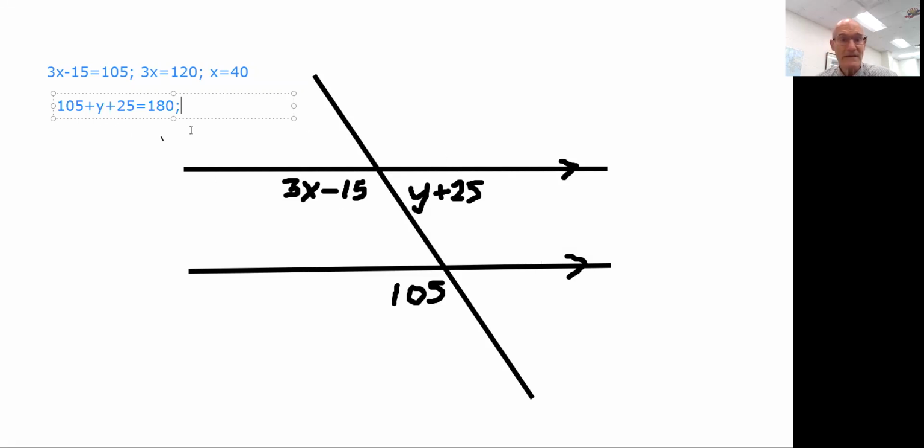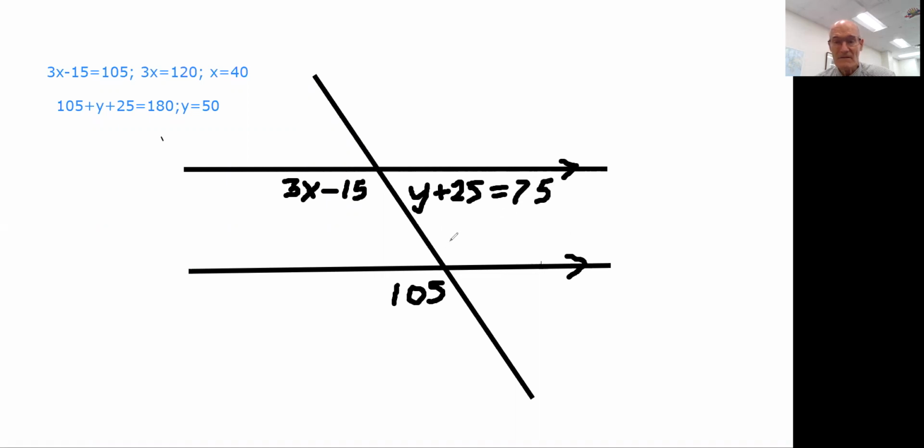So I can add this up, so then I get y equals 180 minus 130, so y equals 50. So y is 50. And then 50 plus 25 is 75. So that means this angle here is equal to 75.